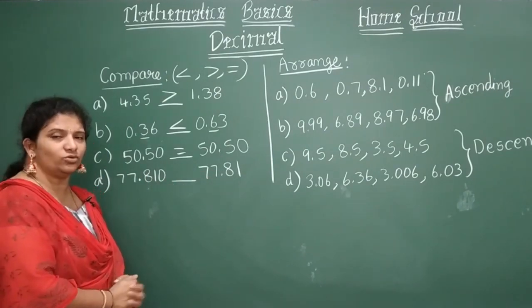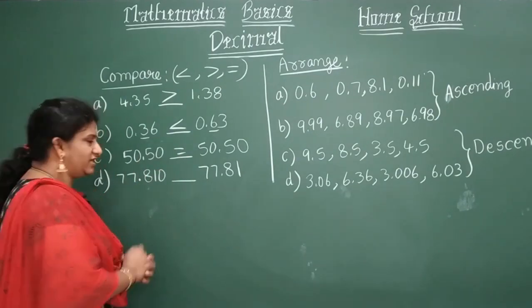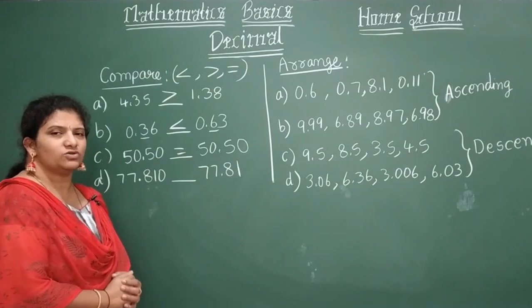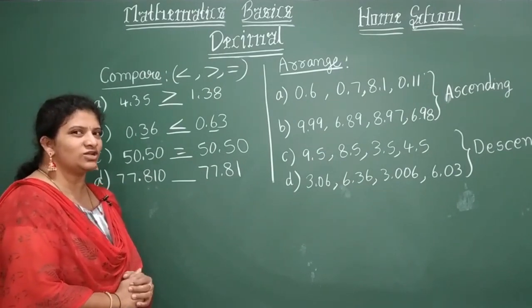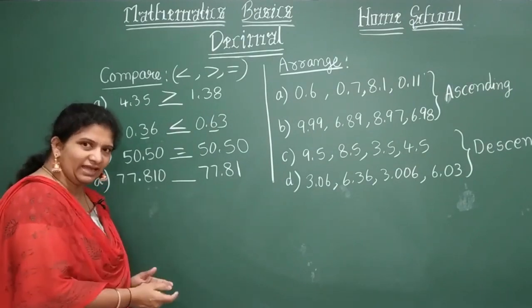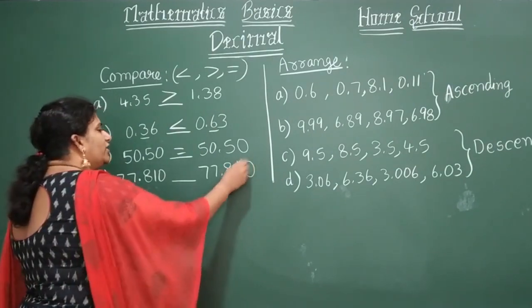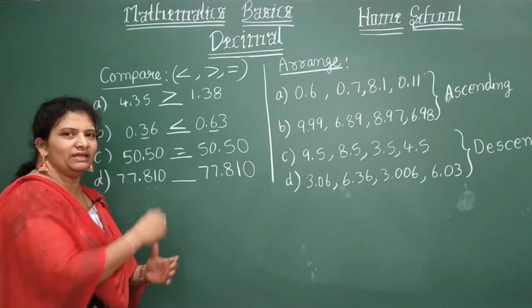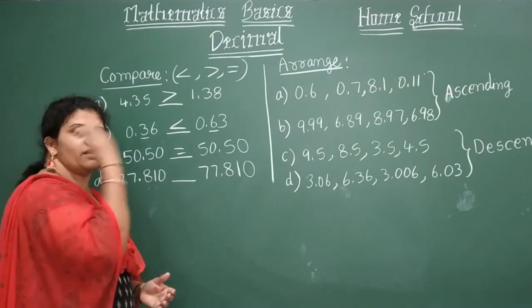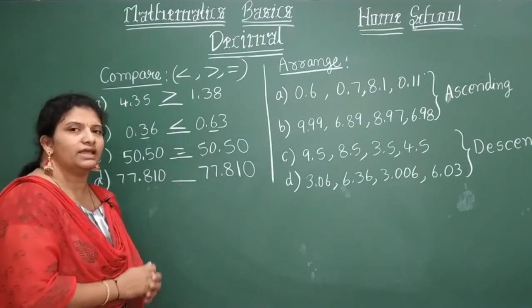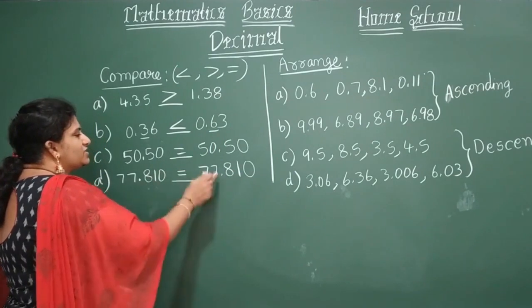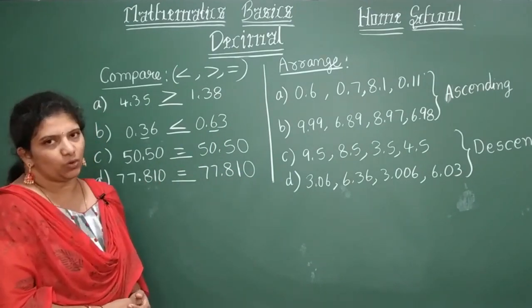Then what do I have to do? Go for the 100th position. 1, 1. This is also same. So I can remember this is also an equivalent decimal. Though it is an unlike decimal, you can make it into a like decimal by writing one more 0 there. If you write any 0 towards the right of a decimal point, the number won't be changed. So what can you write here children? These 2 decimals are equal.